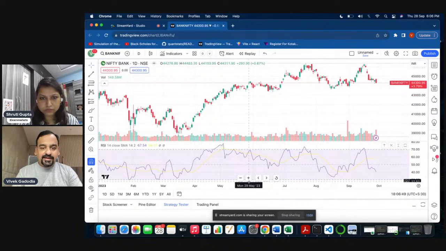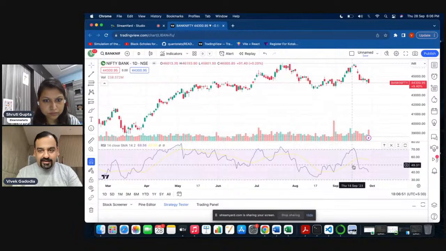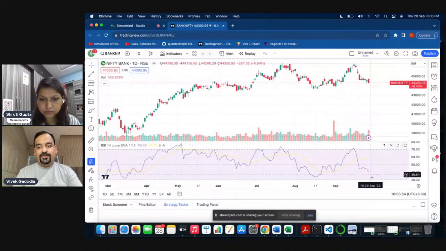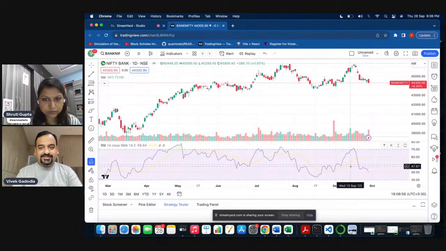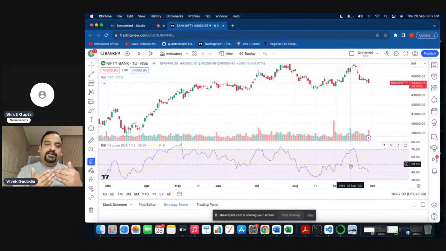Okay. Now, if you've seen the RSI, you can see there is a 50 line in the middle and 70 on top, 30 in the bottom. So basically, 50 is like a center line or middle line. Anything above 50 is basically bullish, and anything below 50 is bearish.